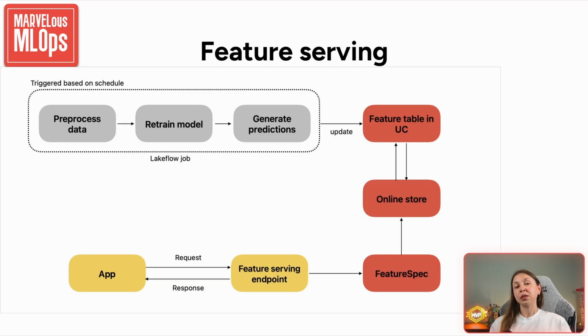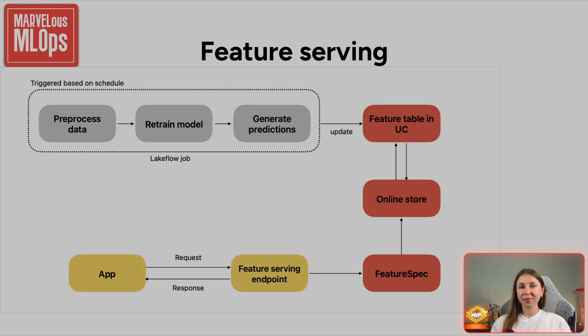And this is what is being served behind a feature serving endpoint. Feature spec is a combination of feature lookups and feature functions which define how we return features back. We can look them up in an online store, but we also can do some basic calculations using Python or SQL. And in the end, an application is sending a request to this feature serving endpoint and getting response back.